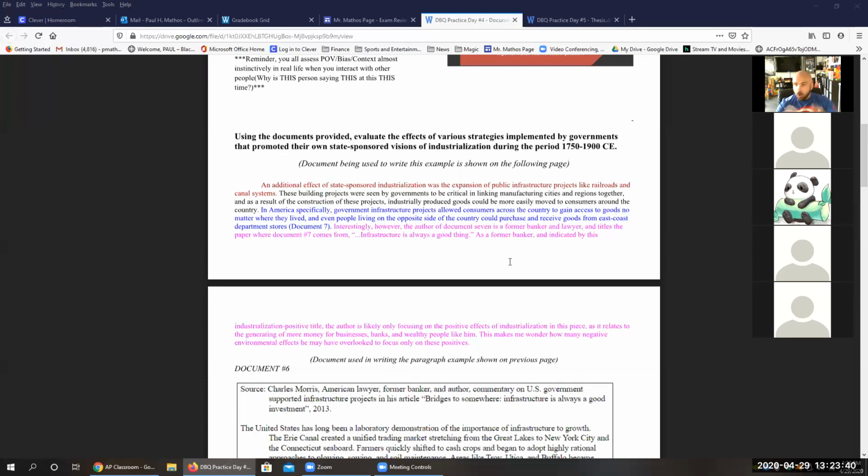Now that's a long example of document analysis, but I'm hoping it's very clear. What particular part of HIPP are they using to analyze this document? What part of HIPP are they using to analyze document 7? No one?